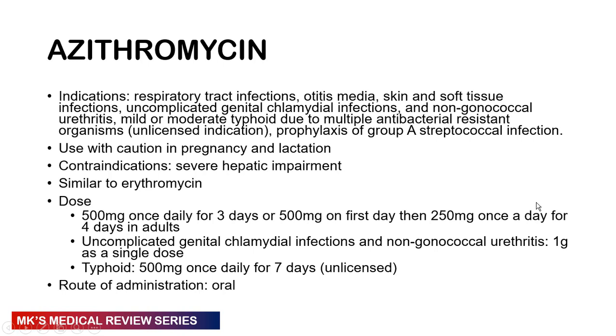And then if you have uncomplicated genital chlamydia infections or non-gonococcal urethritis, 1 gram, you can give it as a single dose. With typhoid, 500 milligrams once a day for 7 days. This is an unlicensed use. And of course, this is given orally.